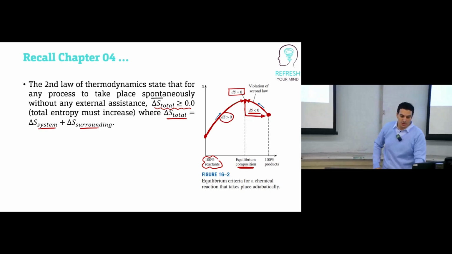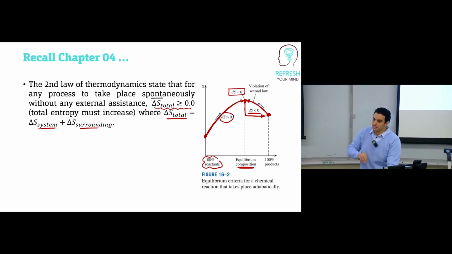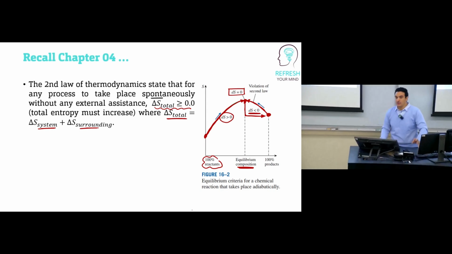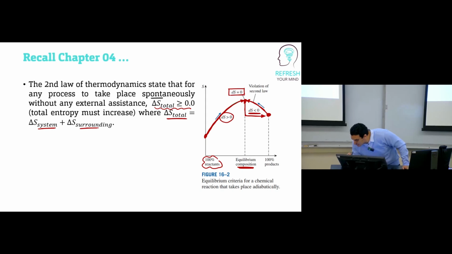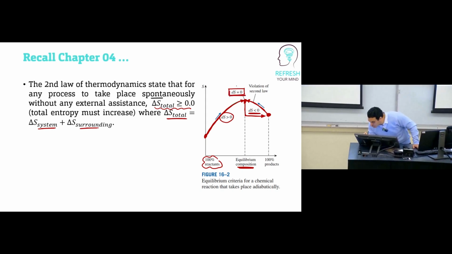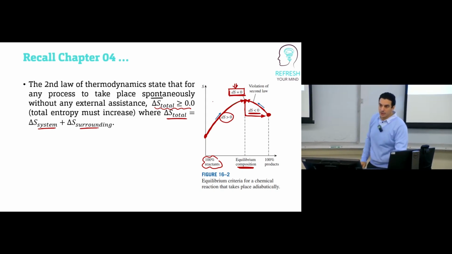So this is the whole idea of the second law of thermodynamics. Any process will occur in the direction of increasing entropy, okay? And the equilibrium condition, the state at which there is no change happening, is the state where there is no change in entropy. The change of entropy is equal to 0, okay?